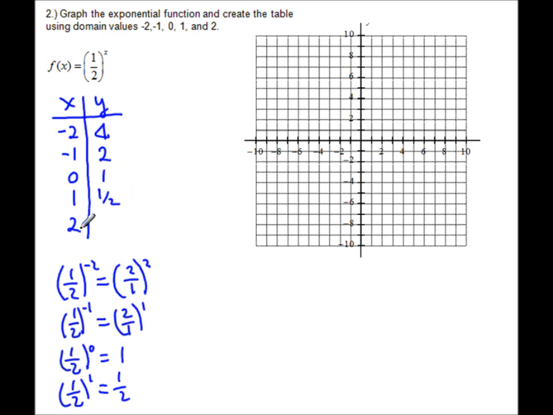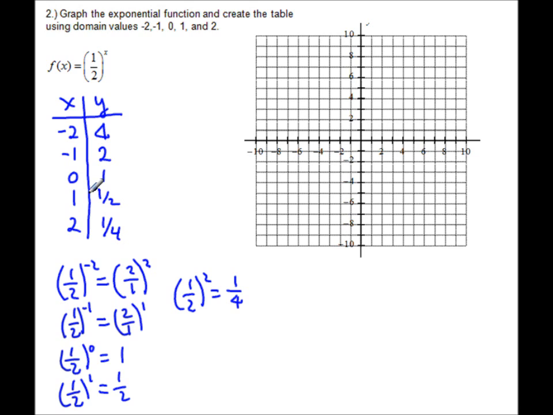And then our last value is, we plug in 2, and we get 1/2 to the second power, and that equals 1/4. So now we have our table of values.